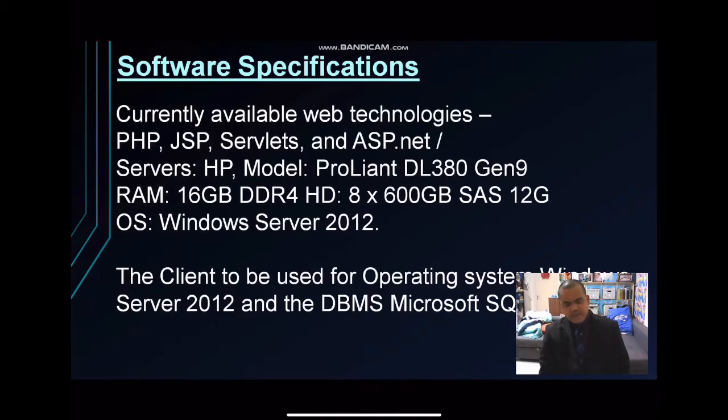The client to be used has operating system Windows Server 2012 and the DBMS is Microsoft SQL 2008. The HP ProLiant DL380 Gen 9 performance server is a dual socket 2U rack server supplied with an 8-core Xeon 2.1 GHz processor and 16 GB of DDR4 RAM.